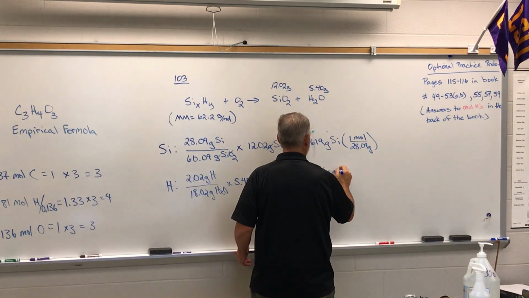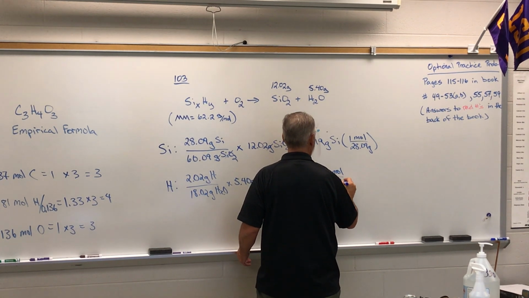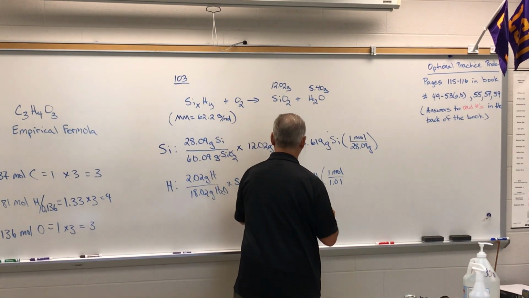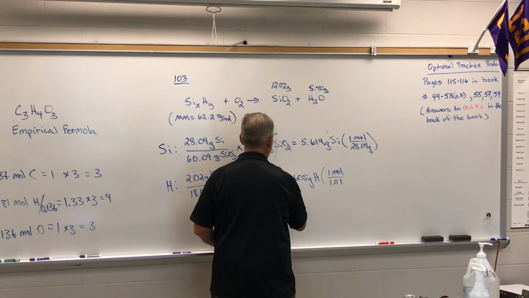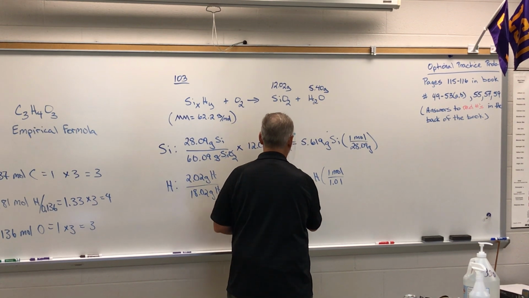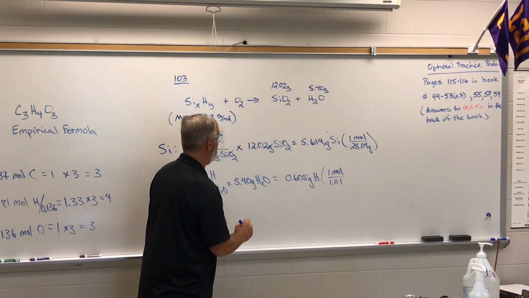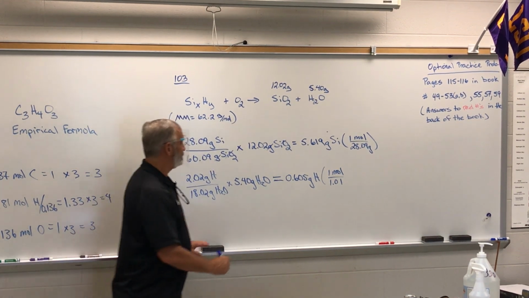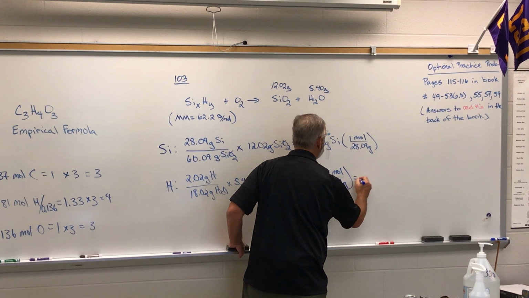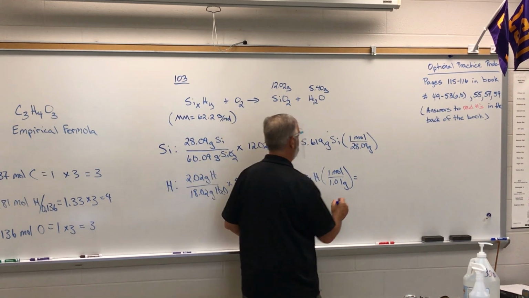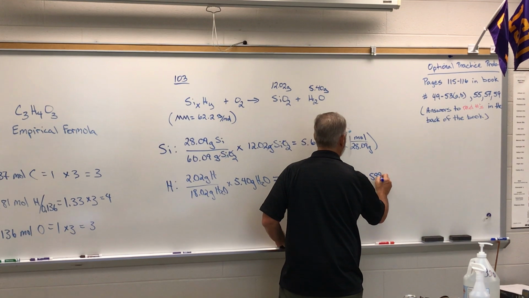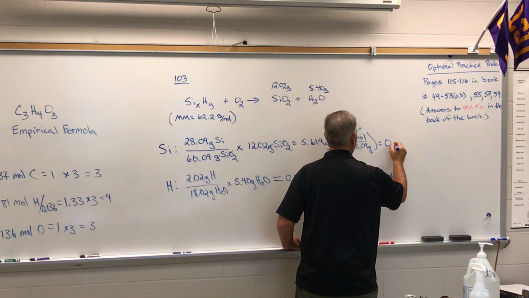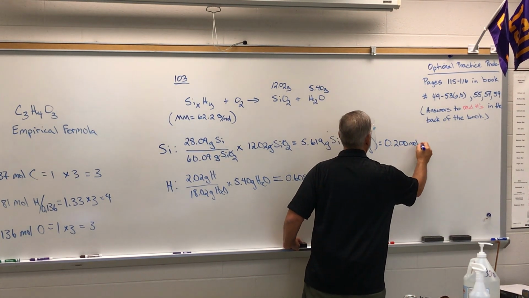It's 0.6, not 0.06. 0.605 times 1 mole over 1.01 grams, and that's going to equal 0.599 moles of hydrogen, and what does this top one equal? 0.2200.